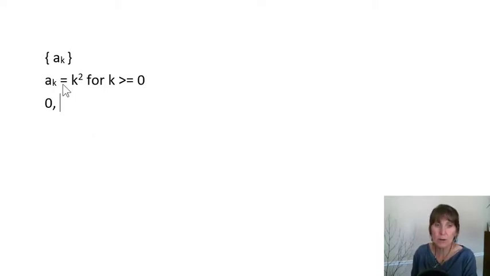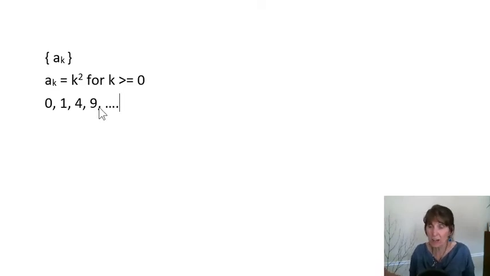Then the next term is going to be index 1, and so A of 1 is equal to 1 squared, which is 1. The next one is 2. Again, we're going consecutive, so A of 2 is equal to 2 squared, so 4. A of 3 is equal to 3 squared, which is 9.